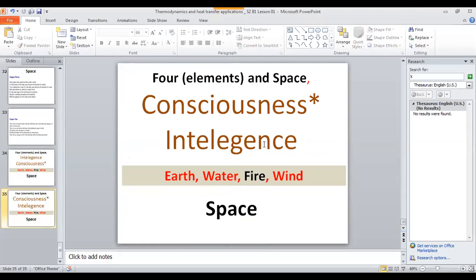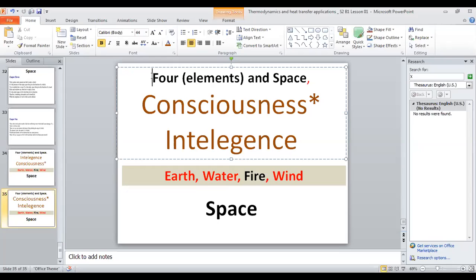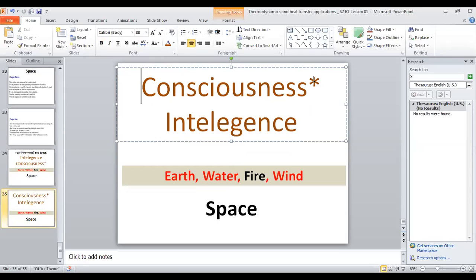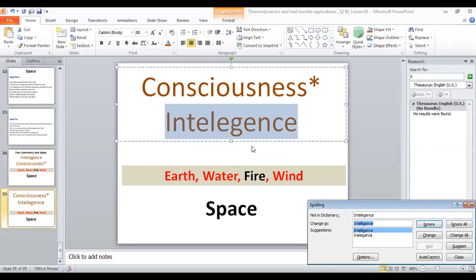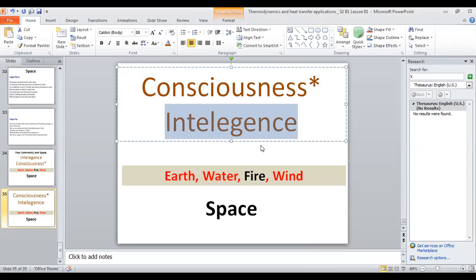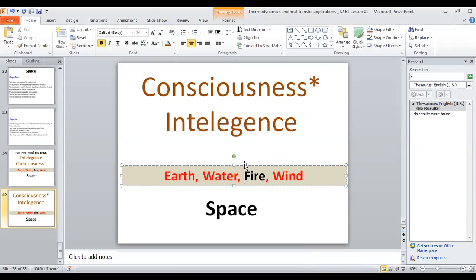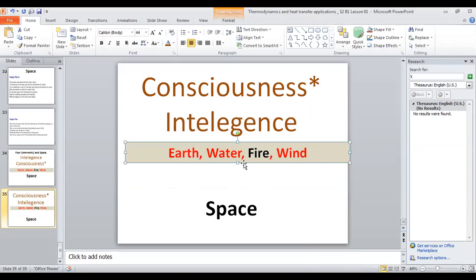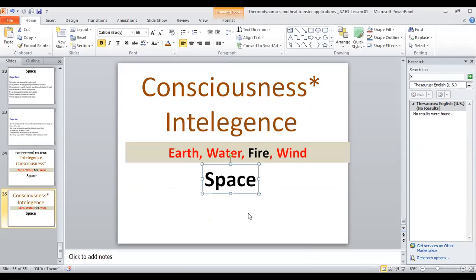Good. 4 elements. Consciousness, intelligence. So 4 elements here. Space is here.